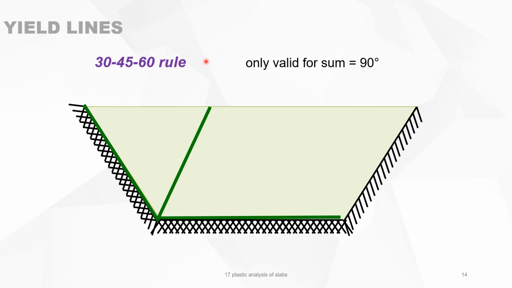Normally this rule is not valid. You see that this corner is somewhere between 60 and 90 degrees or something like that, but because of symmetry, you can easily say this is the bisector. On the other hand, on the other side, you don't know where this yield line is situated. You don't know the angle alpha because the sum is more than 90 degrees.